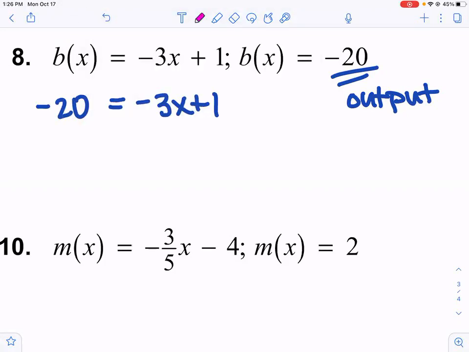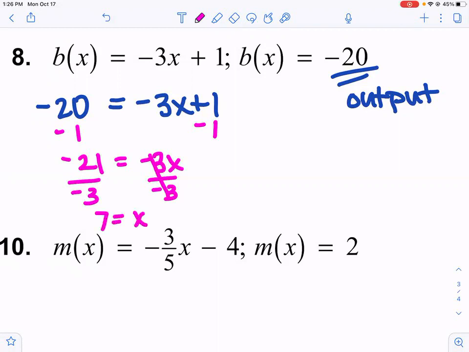How do I solve for x? What do I do first, Colin? Minus 1, negative 21. Okay. So we just figured out that the input of 7 gives us an output of negative 20.